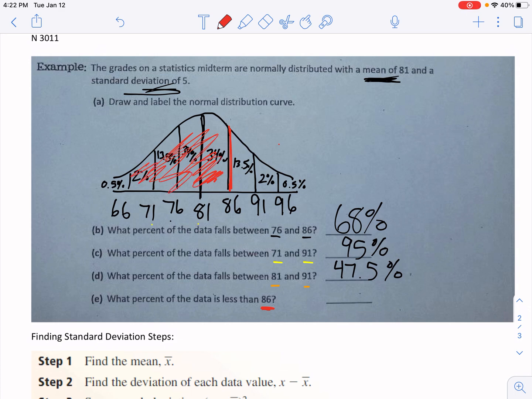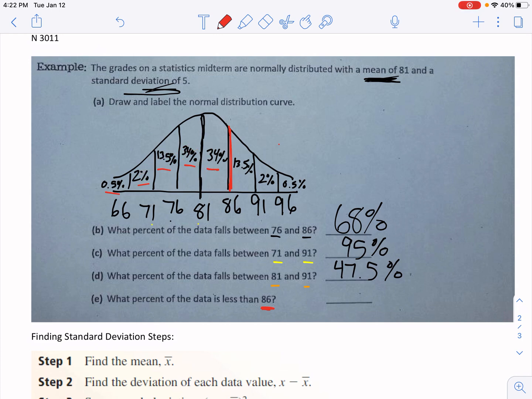So what percentage of the data contains all of this? Okay? Well, going back here, notice there's 34%, 34%, 13.5, 2, and a half. Okay, so we need to add all those values together to figure out how much of the data lies on this side.